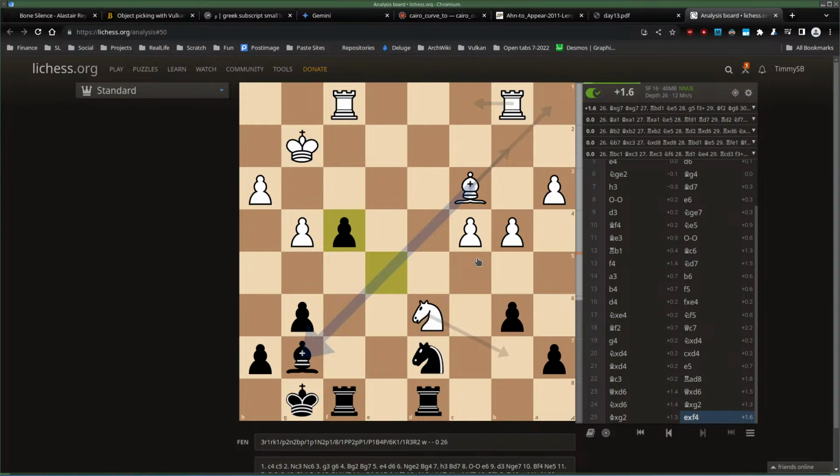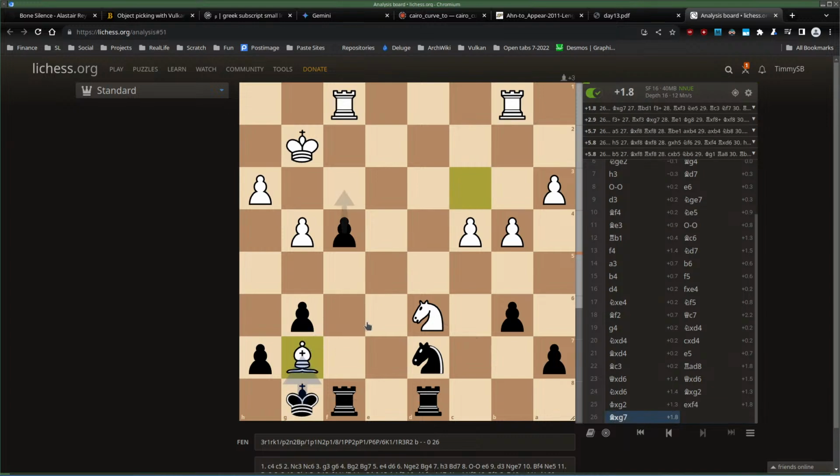Although everything was more or less forced. Bishop takes g7. Yeah, well, that's also the best move, is it? That is actually the absolutely best move. And I had to take back. Yeah, I did. Knight b5.